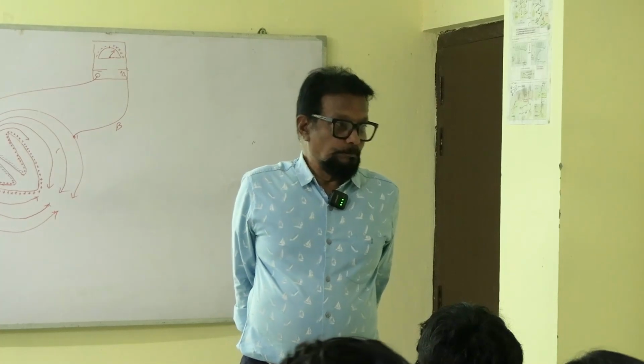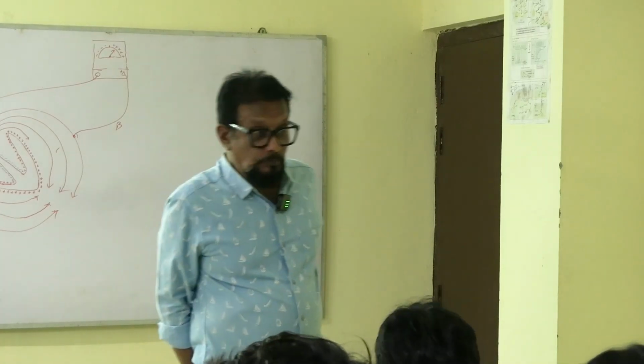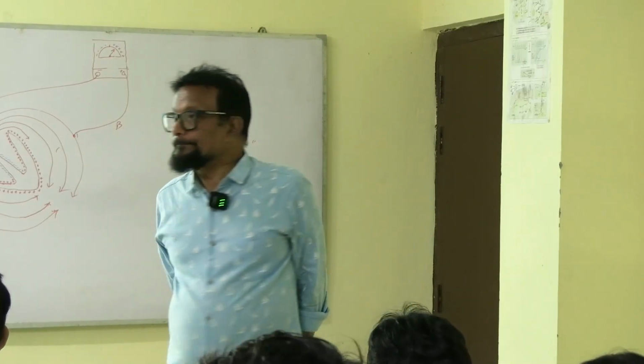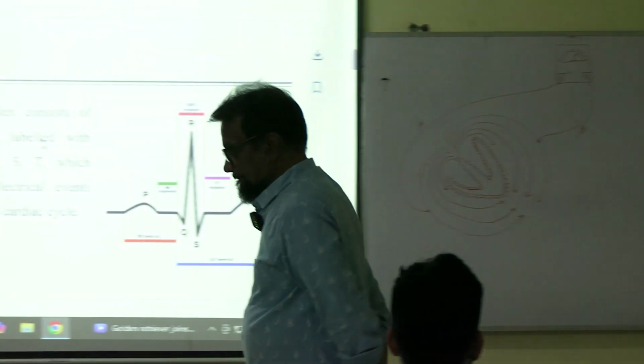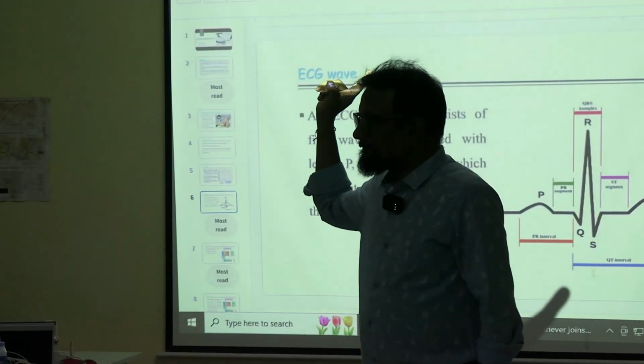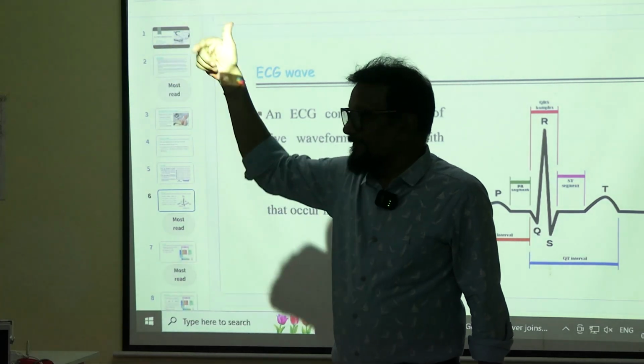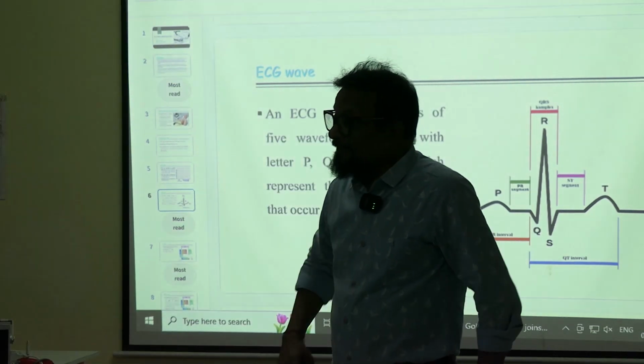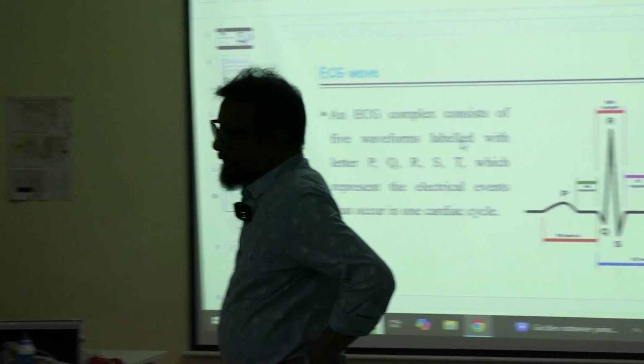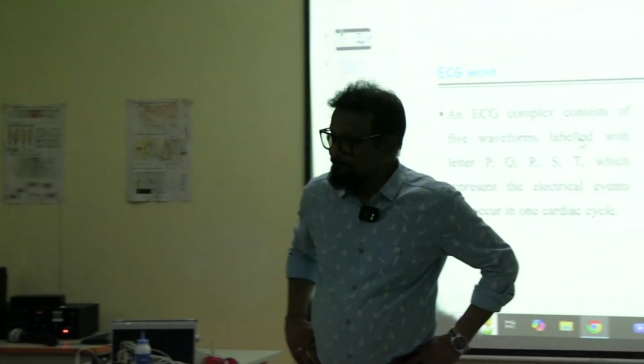Then lead 2. How will we connect it? Right arm, left leg. And where will be the positive electrode?